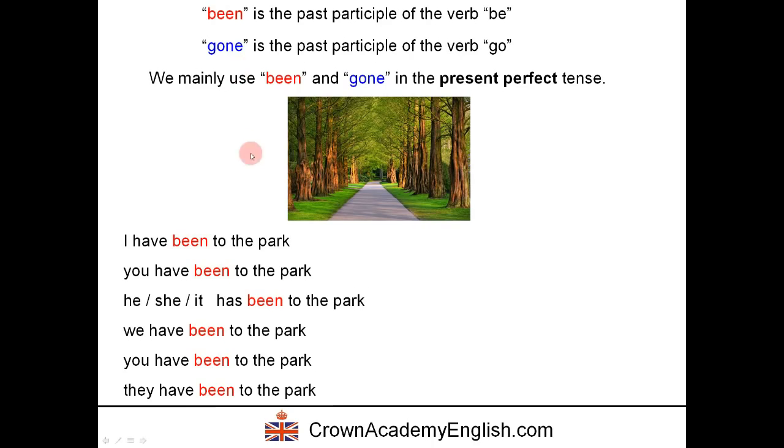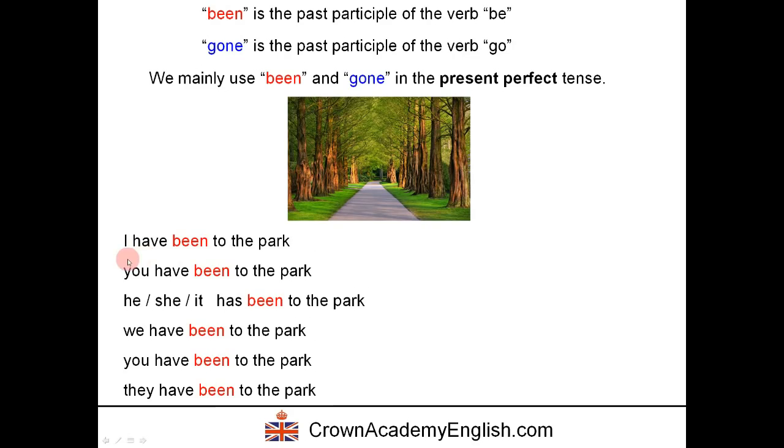So for the verb be, so been, we have: I have been to the park, you have been to the park, he, she, it has been, we have been, you have been, and they have been to the park.